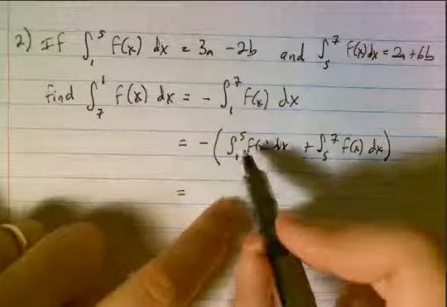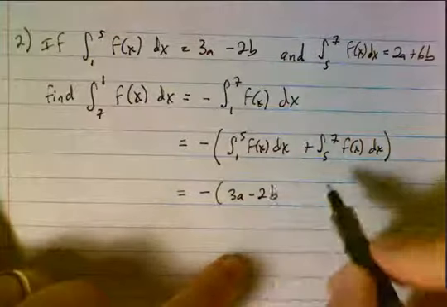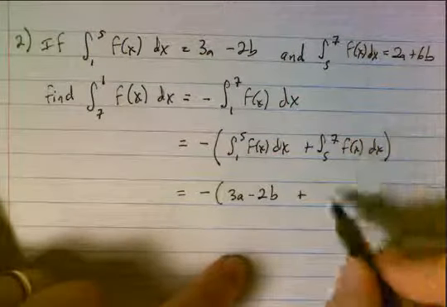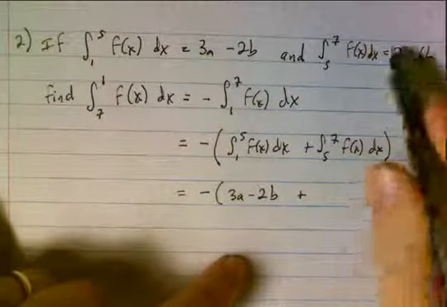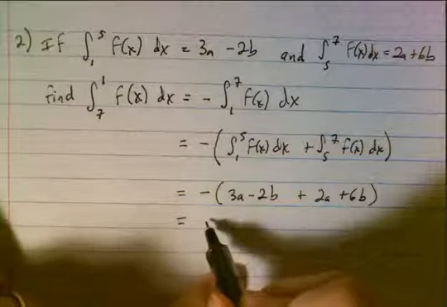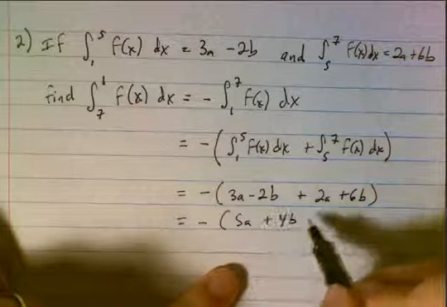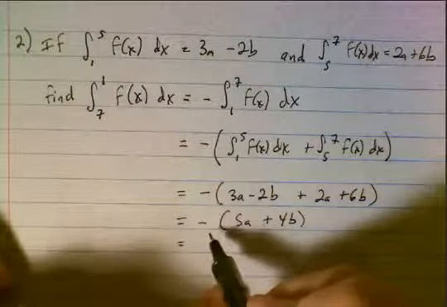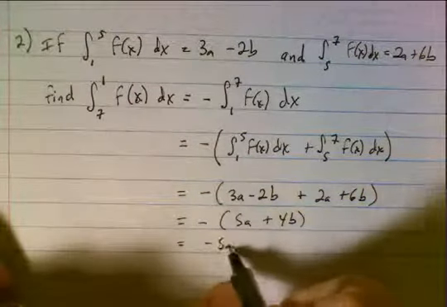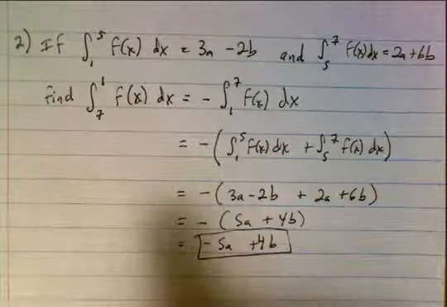That's 3a minus 2b, so I can substitute 3a minus 2b in there. This is 2a plus 6b right up there, so 2a plus 6b. Combine like terms, and distribute that negative. And there we go.